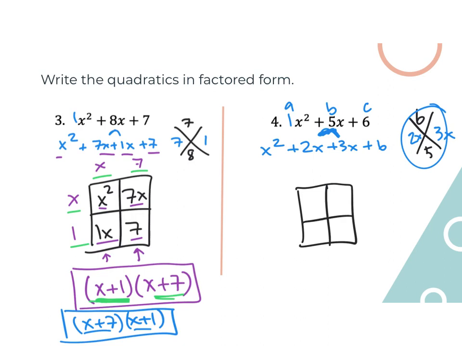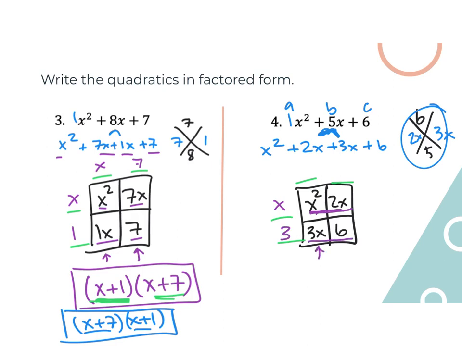And I put those terms inside: x squared, 2x, 3x, 6. All right. So my GCF's out front. I have x squared and 2x, that's an x. My GCF of 3x and 6 is going to be a 3.